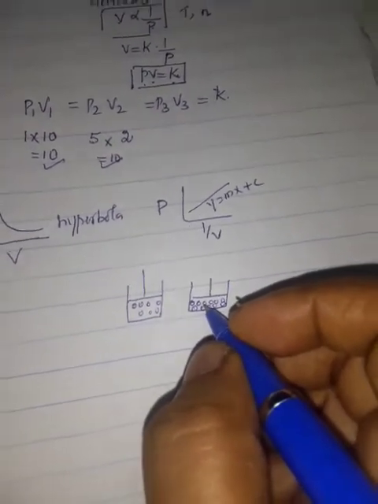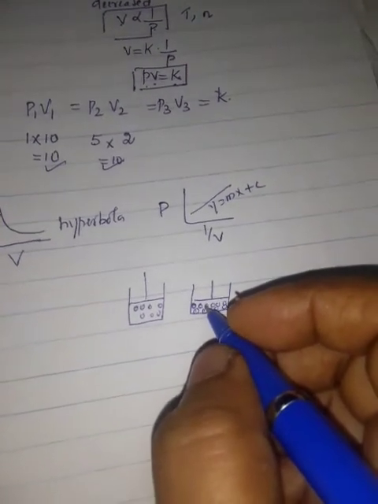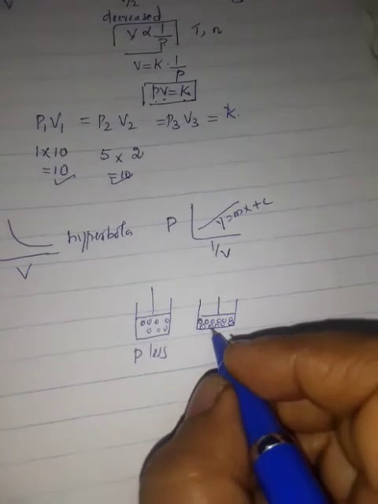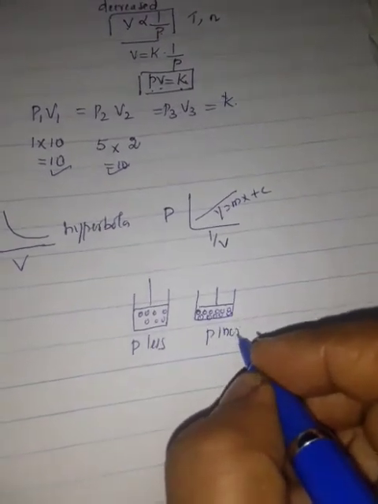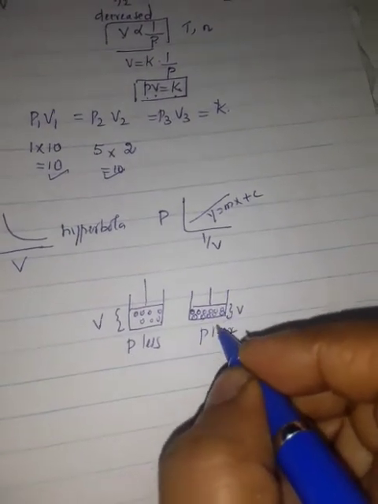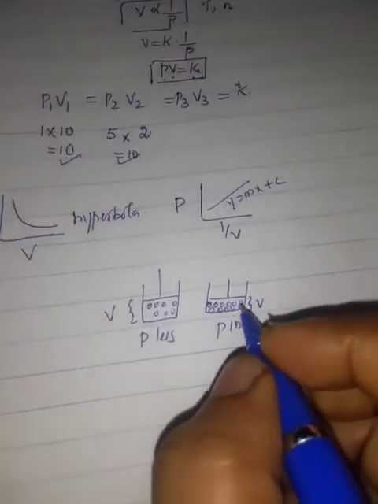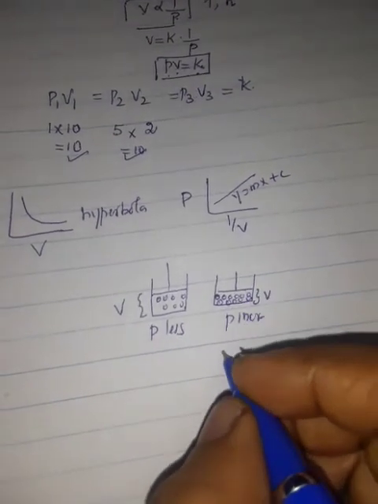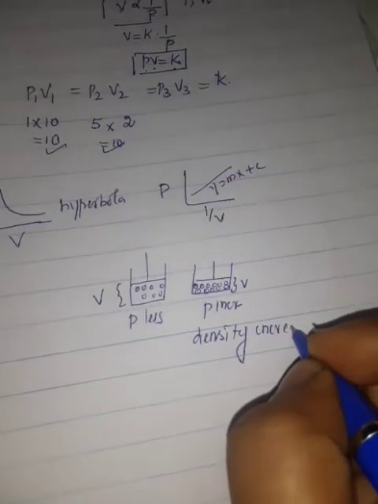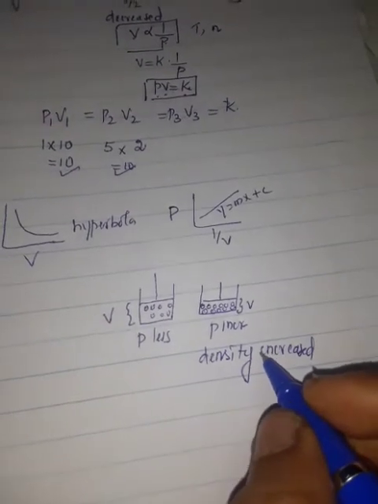But the same number of molecules are present; molecules will not change. Here pressure is less. Here pressure now gets increased. Here volume is more. When volume gets lessened, pressure gets increased. The molecules move here and there, hitting each other and the walls of the container. So what happens here? Density is now increased. Here density is less, here density gets increased.